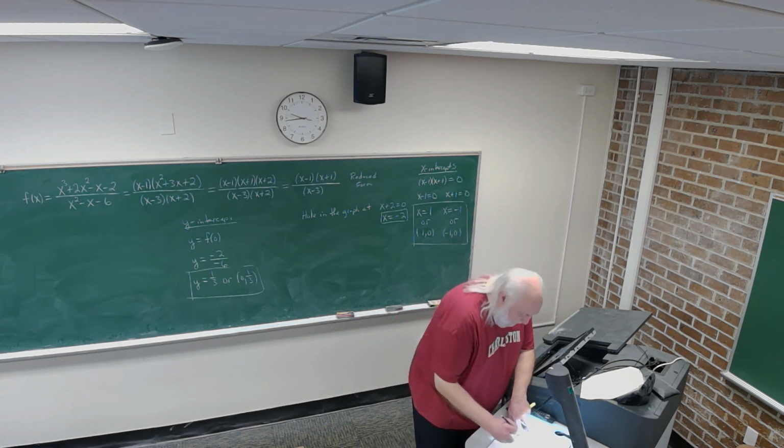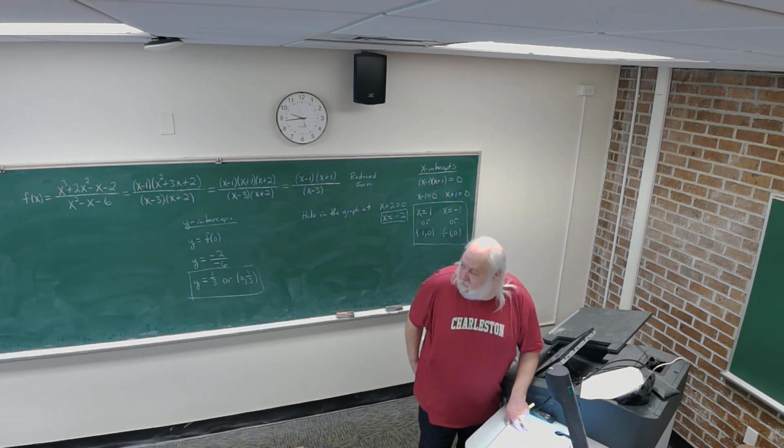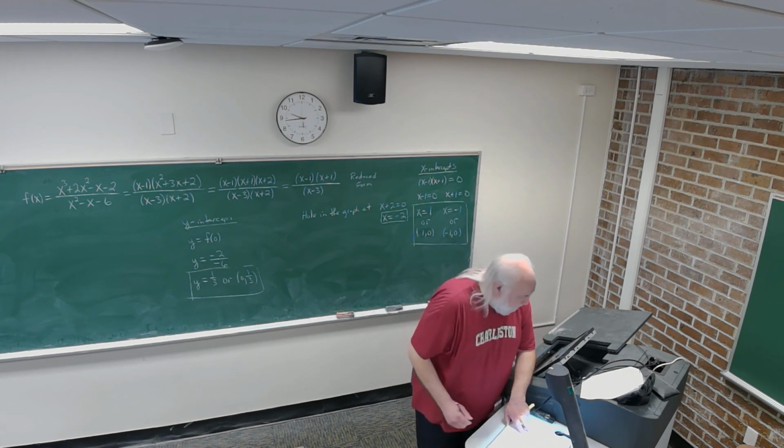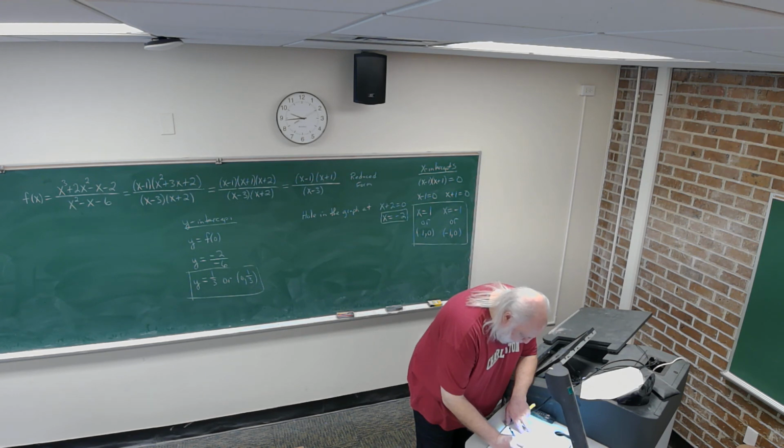If that's the case, then the equation of the slant asymptote is that of a straight line. In this case, I write it as y equals mx plus b, which is the equation of a line in slope-intercept form.